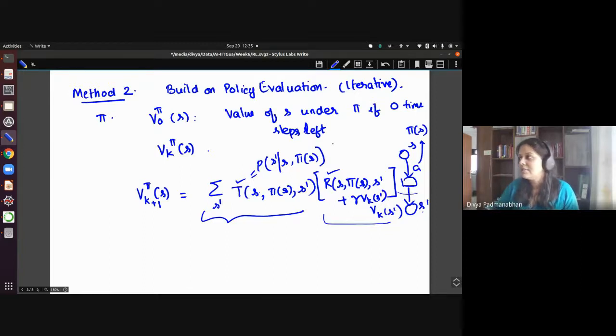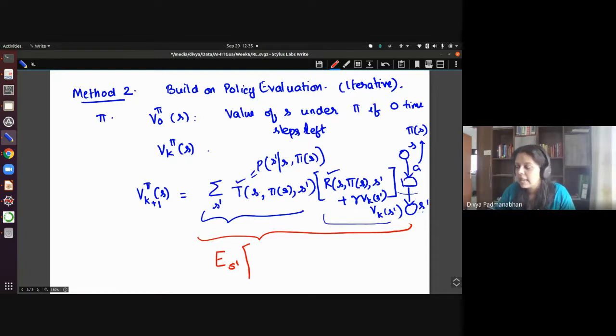So this whole quantity with the summation is an expectation over all possible destination states S dash. We're not considering the reward as a random variable, it's a constant which you don't know.